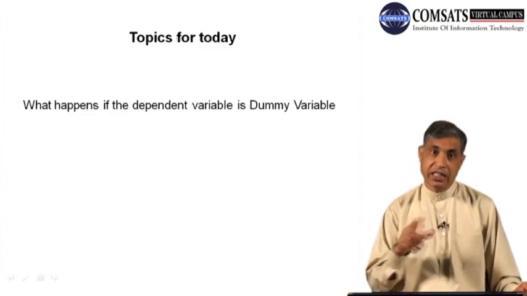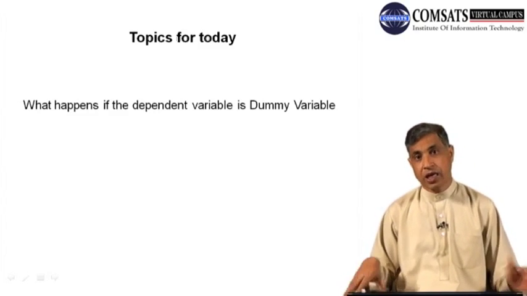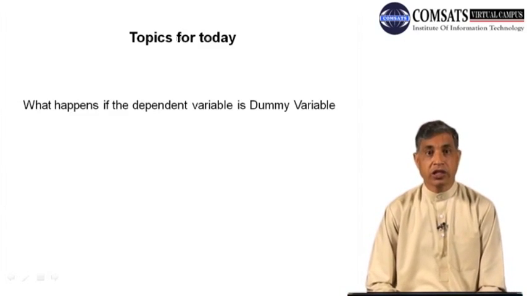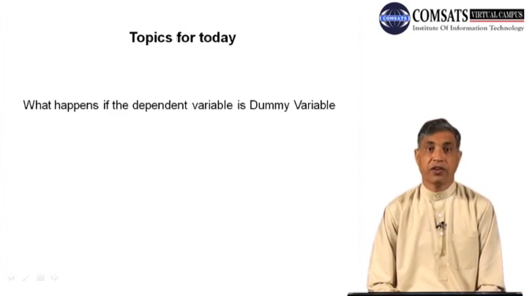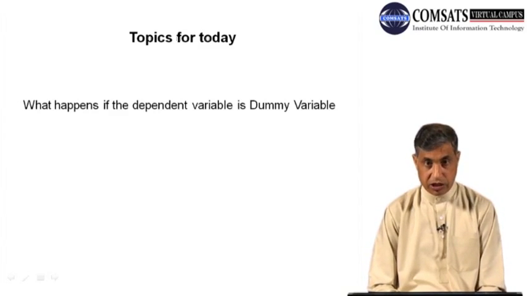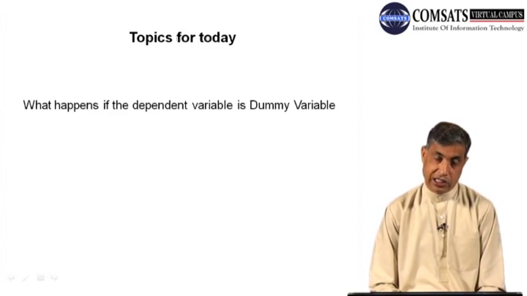This is a very interesting situation. At the same time, it is very easy and interesting, and on the other side, it possesses some fundamental threats to our estimation process, that is the ordinary least square method.